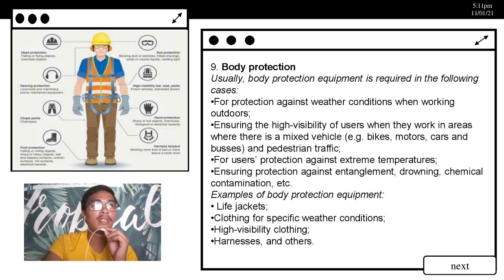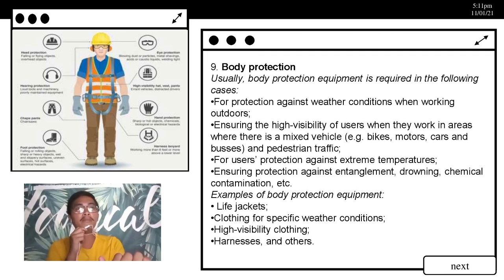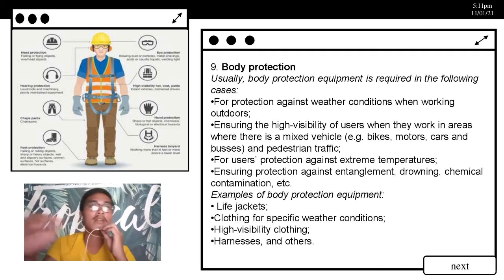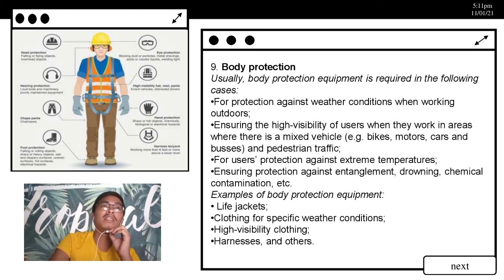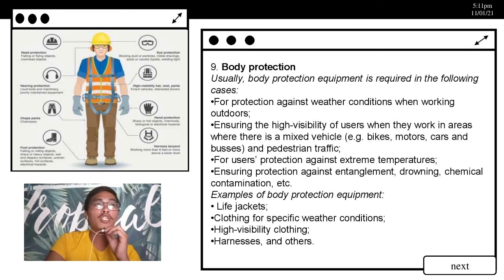Next is ensuring the high visibility of users when they work in areas where there is mixed vehicle, like bikes, motors, cars, and buses, and pedestrian traffic. Then there is protection against extreme temperatures, so this will also protect you.